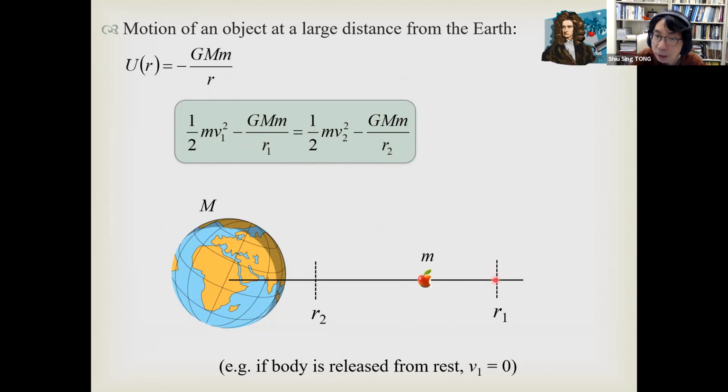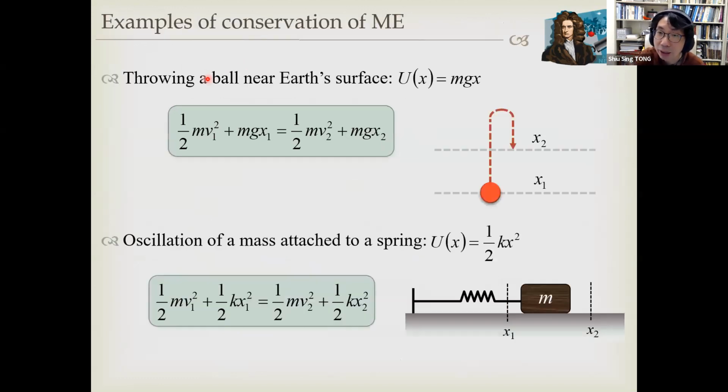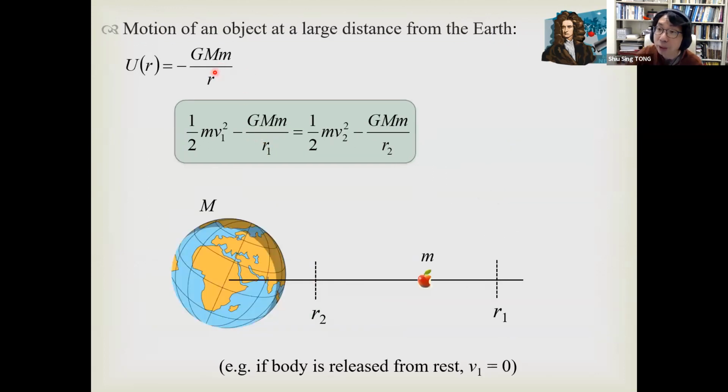If my apple falls from here to here, the initial kinetic energy will be half m v1 squared, and the potential energy is minus GMm over r1. At the new position, the potential energy is minus GMm over r2, and the kinetic energy is half m v2 squared. So you can now use this relation to solve an energy conservation problem, even when the apple is very far away from the Earth. You just replace the potential energy expression mgh, close to the surface of the Earth, by the general expression of minus GMm over r.